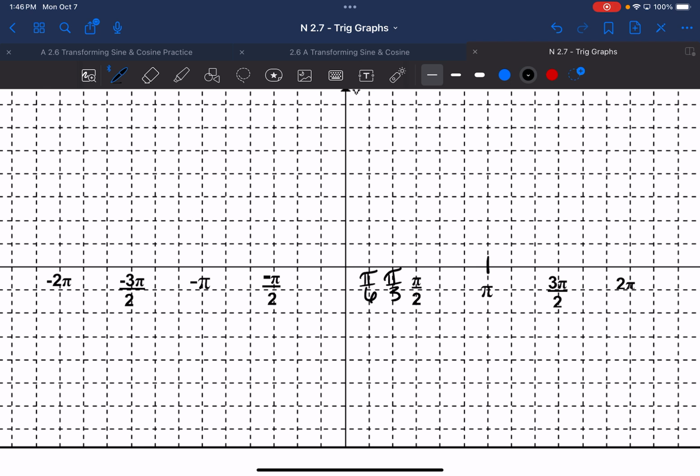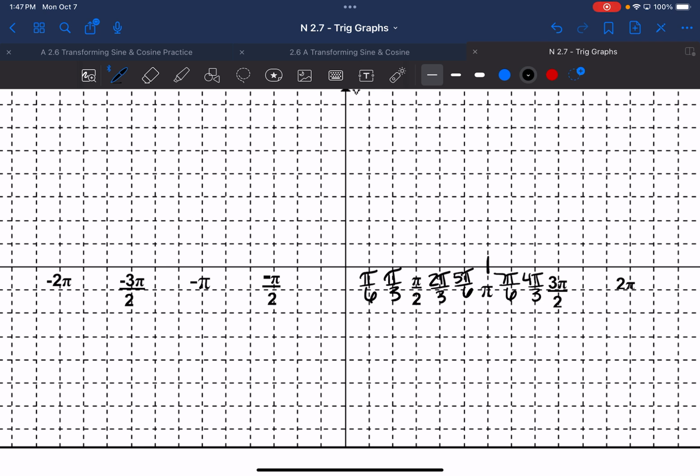Okay, and then after that, I'd have 4 pi sixths, and 4 pi sixths would simplify to 2 over 3. And then I'd have 5 pi sixths, and then pi is 6 over 6, right? Then I would have 7 pi sixths. Then I'd have 8 over 6, 4/3.